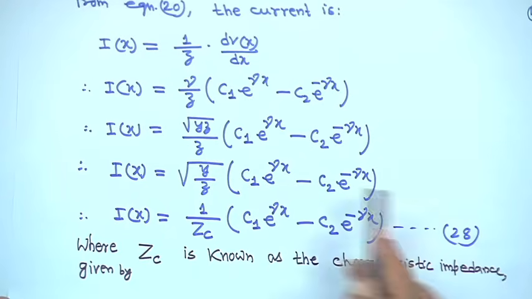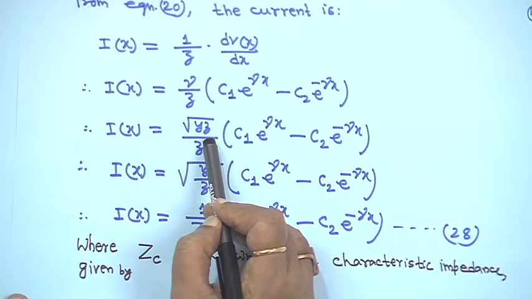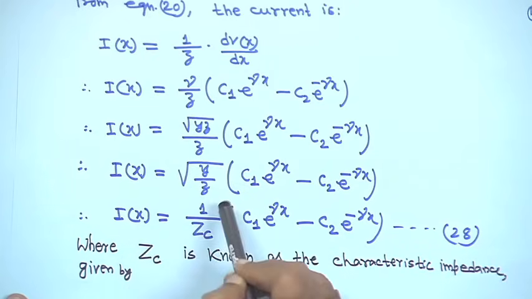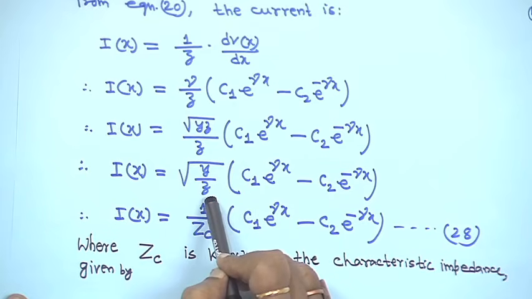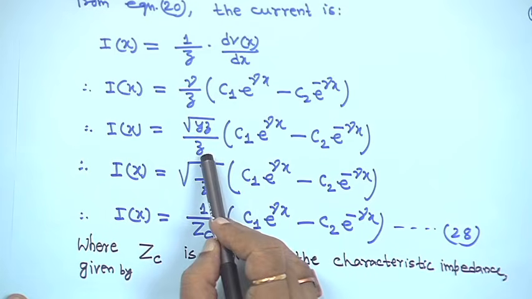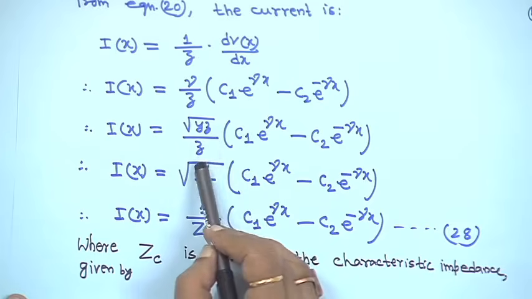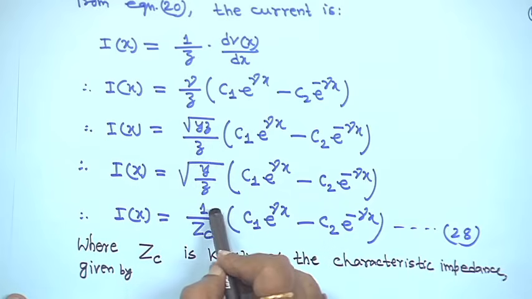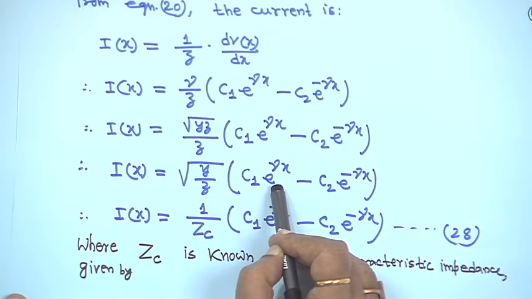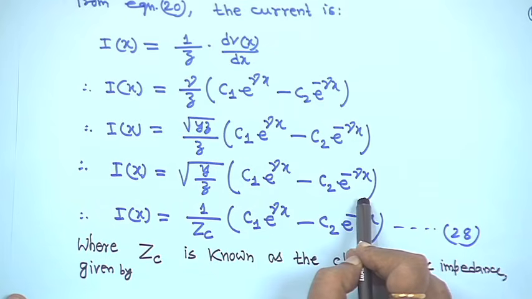Now, that gamma is equal to root over yz we have just seen. Therefore, Ix is equal to root over y upon z, because it is root z into root z, one root z will cancel. So, root over y upon z, C1 e to the power gamma x minus C2 e to the power minus gamma x.